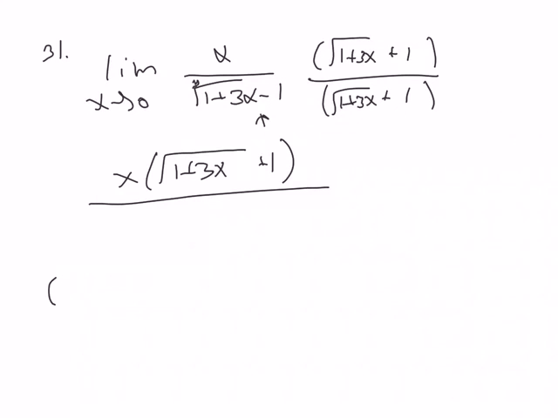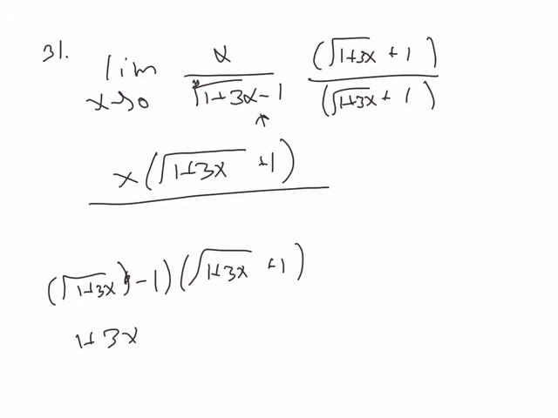In the bottom we're going to have (square root of (1 plus 3x) minus 1) times (square root of (1 plus 3x) plus 1). This is 1 plus 3x minus 1.